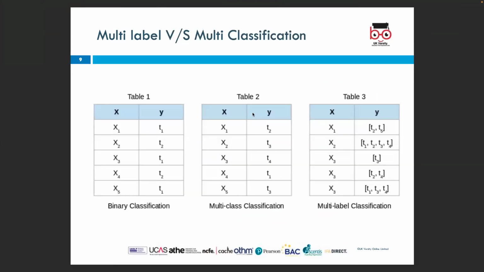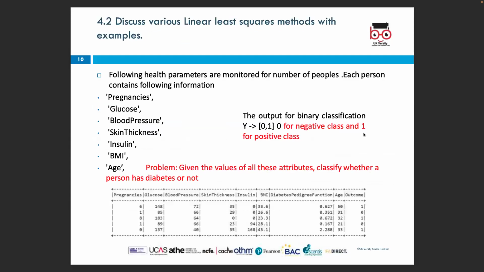So what is multi-label versus multi-class classification? We have binary classification, multi-class classification, and multi-label classification. This table shows binary classification, table 2 shows multi-class classification, and table 3 shows multi-label classification. As you can see, on the y-axis, there are many labels.